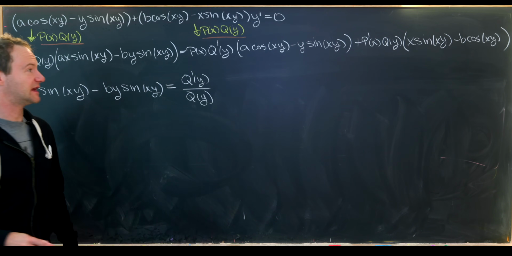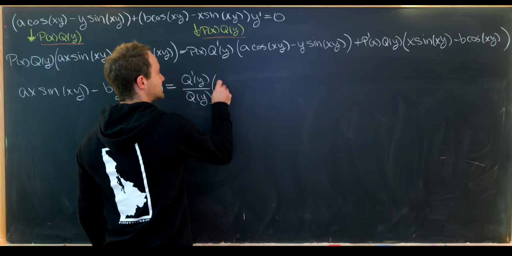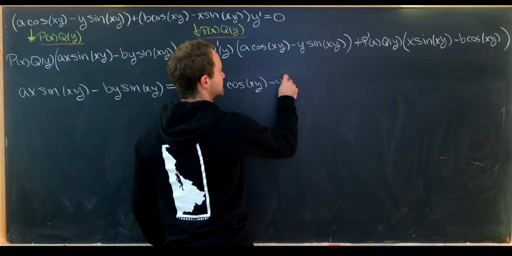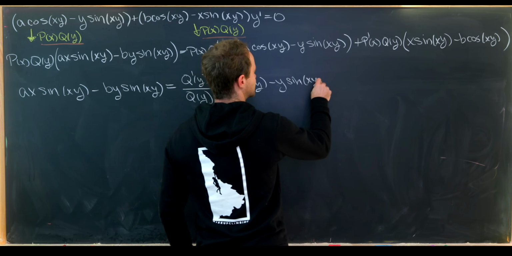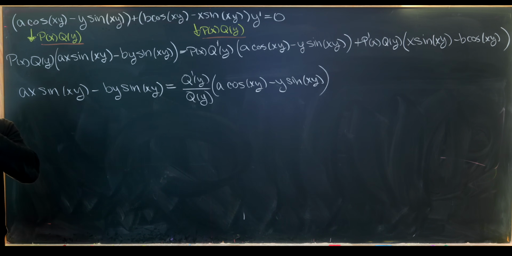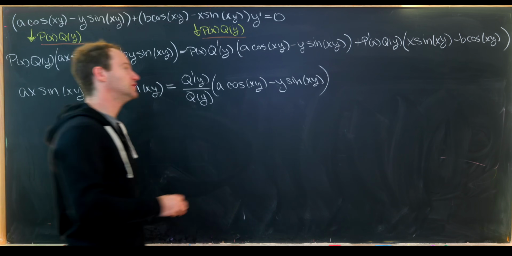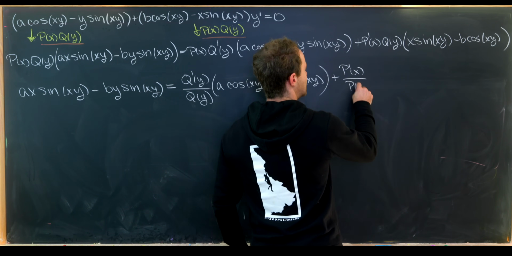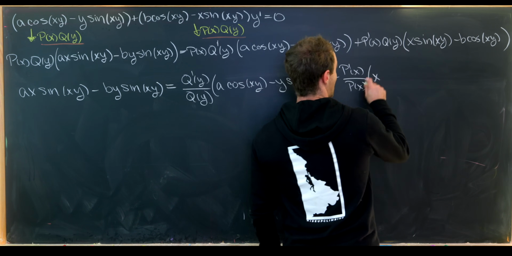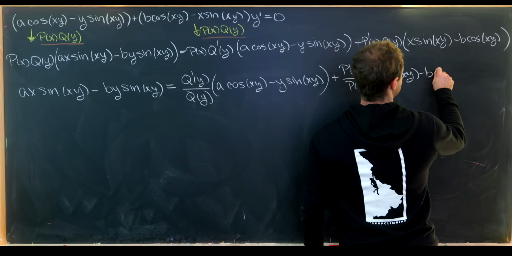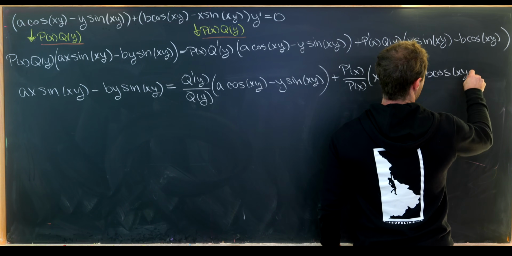Notice the p term cancels, and then we'll bring this down so we have a cos xy minus y sine of xy. Then the same sort of thing happens with the other term. We divide that by p times q, the q's cancel, and we're left with p prime of x over p of x, and then we'll have x sine of xy minus b cosine of xy.